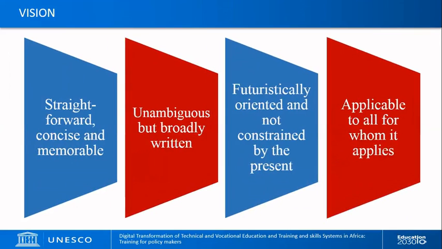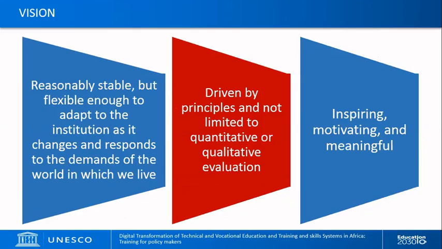The vision must be straightforward, concise, and measurable, unambiguous but broadly written, futuristically oriented and not constrained by the present, applicable to all for whom it applies, reasonable but flexible enough to adapt to the institution as it changes and responds to the demands of the world in which we live, driven by principle and not limited to quantitative or qualitative evaluation, and inspiring, motivating, and meaningful.